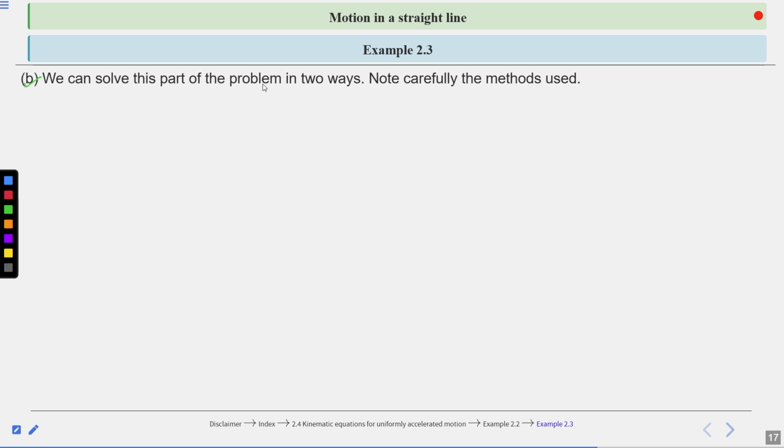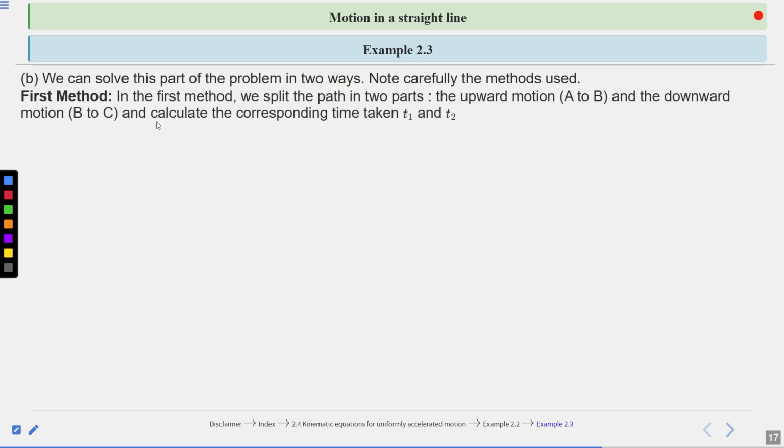We can solve this part of the problem in two ways. Note carefully the methods used. First method: we split the path in two parts.